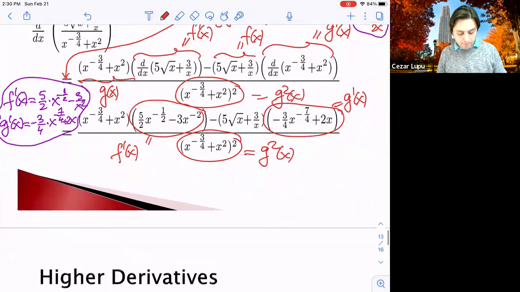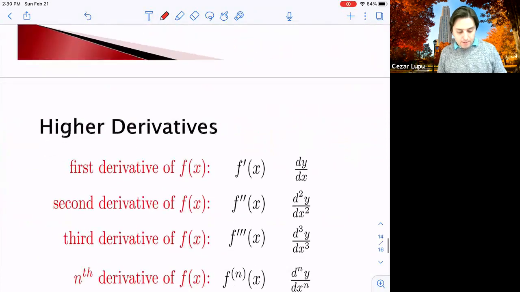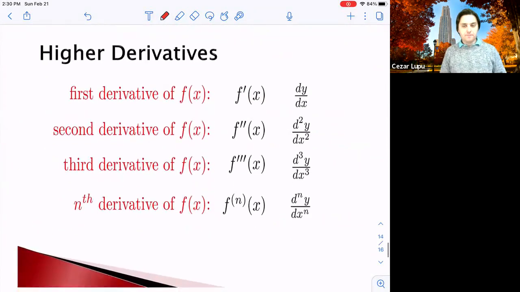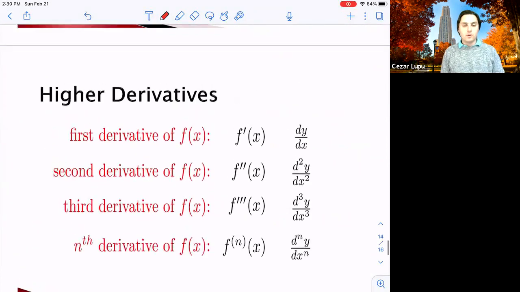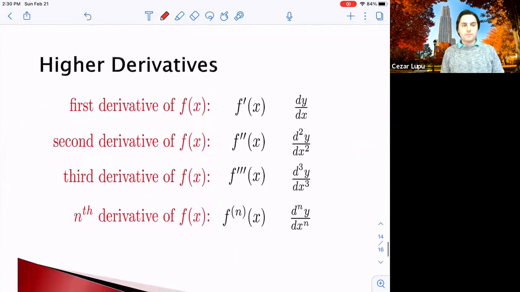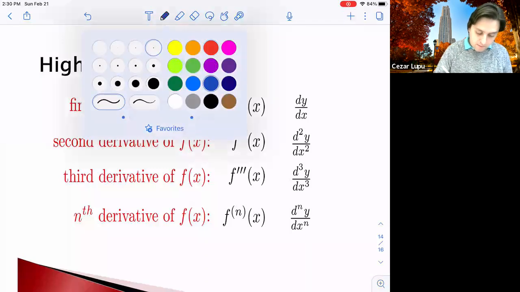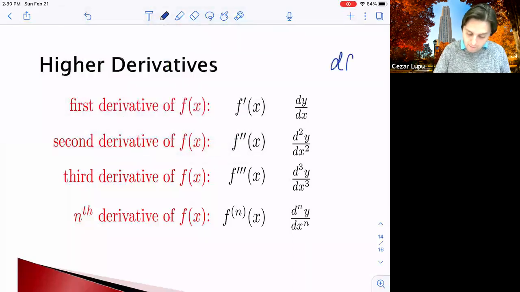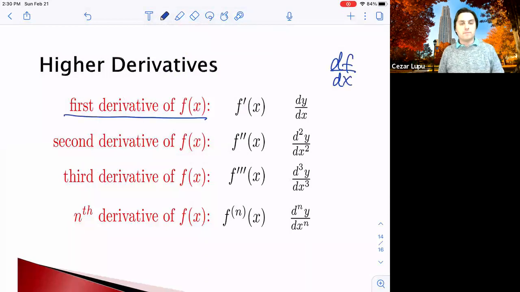All right. So this was another example, and now let me talk about higher derivatives. As you have seen, we can denote the derivative by f prime of x, or dy over dx, or if you want to change the notation, df over dx. So this is the first derivative.